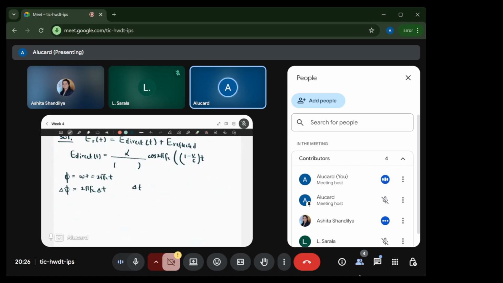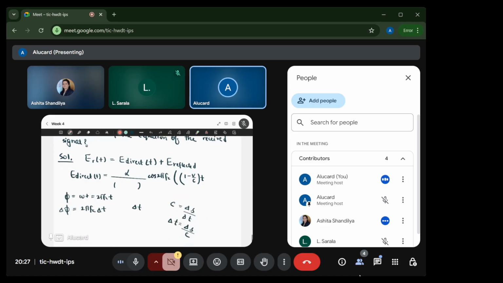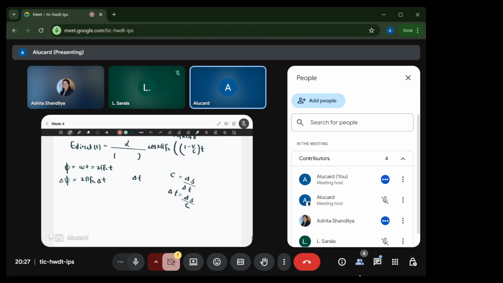We know that electromagnetic waves travel at the speed c. So the time delay is the distance over speed. Here, for this red radiation, the distance R0 is what's causing the time delay. So it's R0 over c.